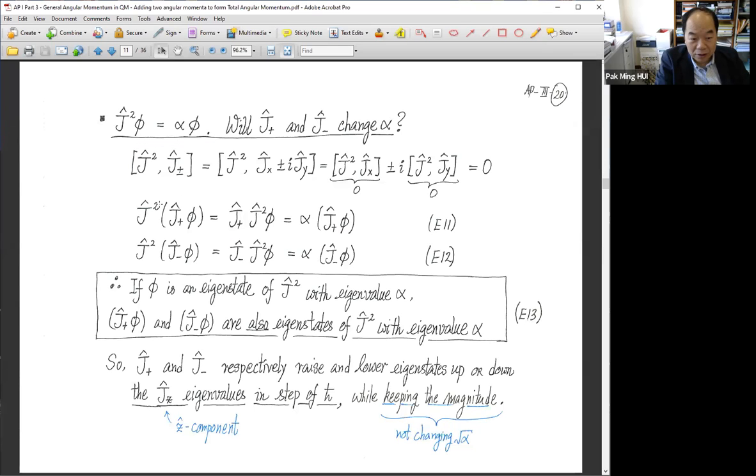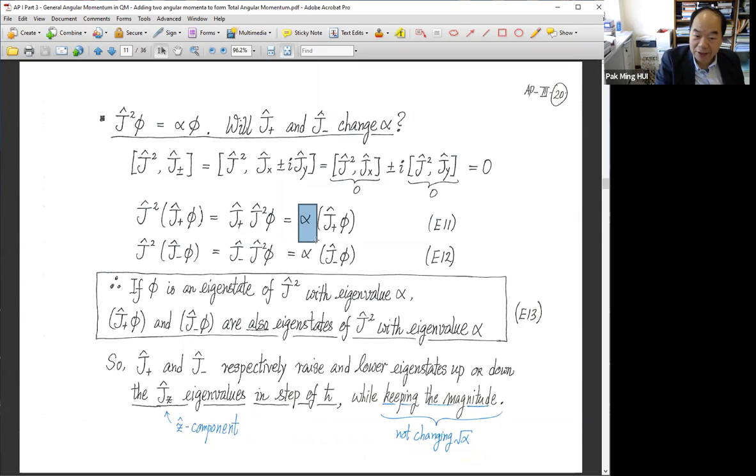Let's work it out. If I operate J plus on phi and ask whether it's still an eigenstate and what is the eigenvalue, I can flip the order because they commute. And since this is an eigenstate of eigenvalue alpha, there's a real number that can come out, and the conclusion is J plus phi is an eigenstate, but the length of the vector will remain the same.